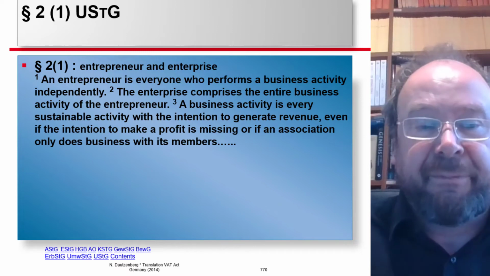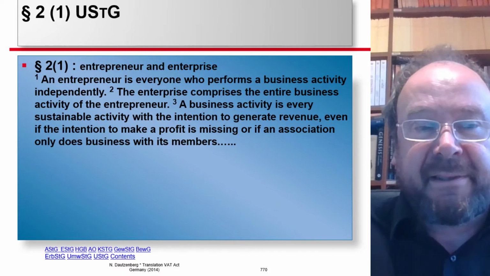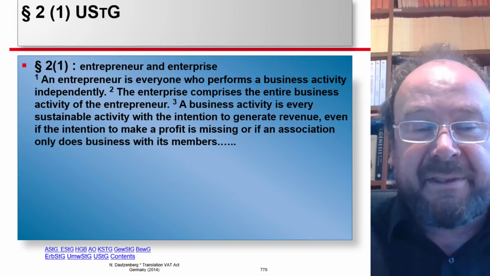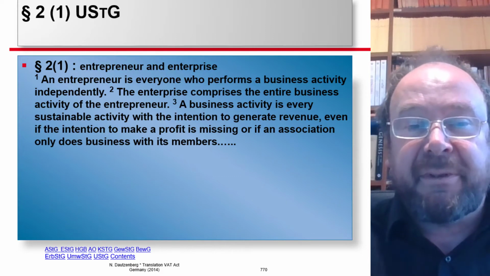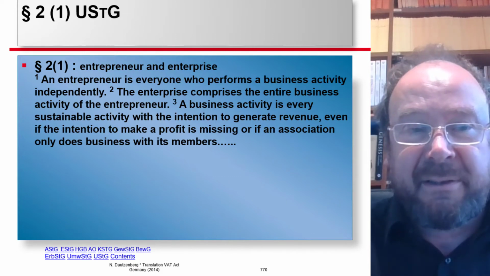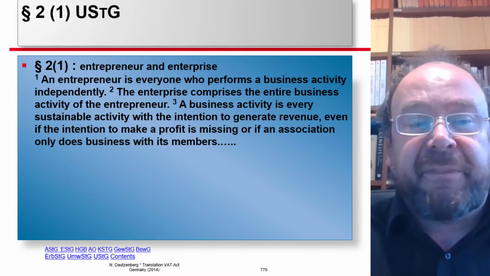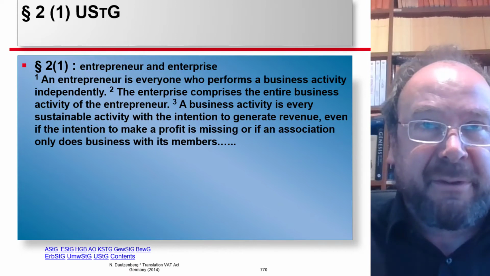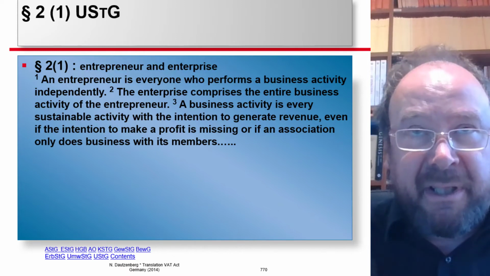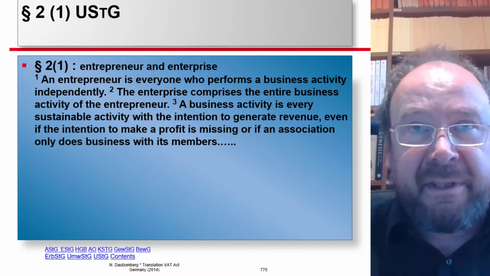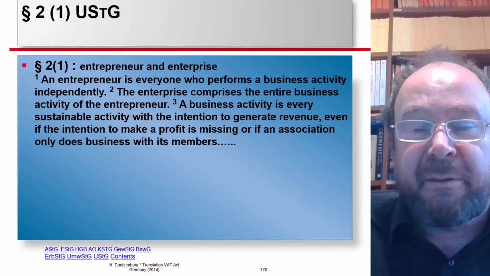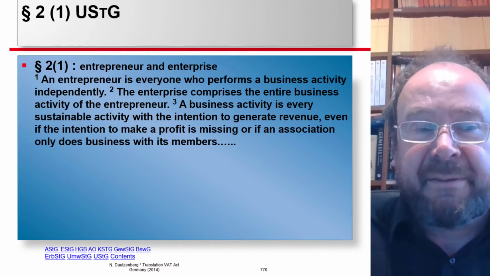So that's it. And the second sentence, there we can also have a look to already. That is, the enterprise comprises the entire business activity of the entrepreneur. That means everything he does as an enterprise. That is, first, what makes up the core business of his enterprise, but also other occasional activities which are combined with the enterprise activity. So literally everything combined with the business activities.